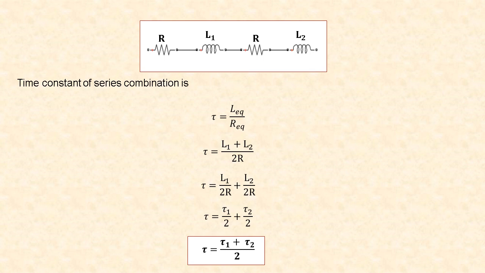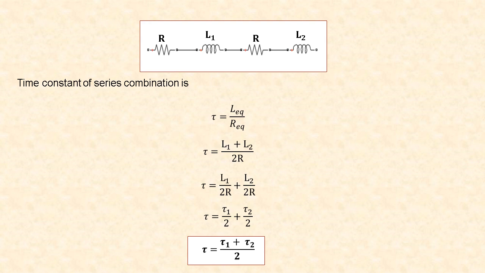Here according to the question, we have two coils of equal resistance R and inductances L1 and L2. Now the time constant of the series combination will be tau is equal to L equivalent by R equivalent. L equivalent is nothing but the sum of inductors L1 and L2, and R equivalent is the sum of resistors R1 and R2.